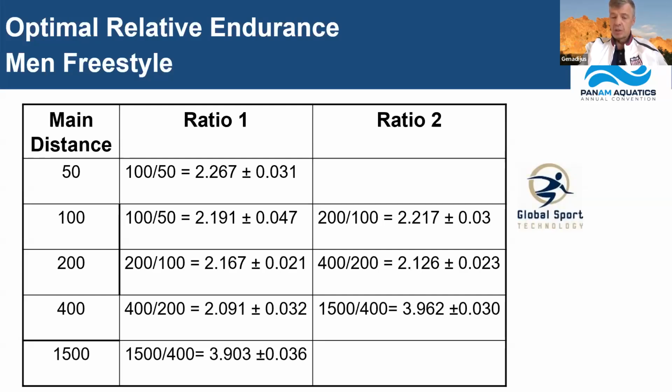And we can use these ratios, examples of elite level swimmers, for training our athletes and to answer the questions. For example, if my ratio is too high, probably I need to improve my endurance more. Or if my ratio is too low, I have a lot of endurance, I need to improve speed and power.